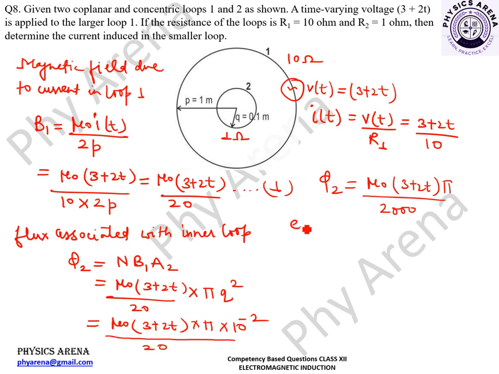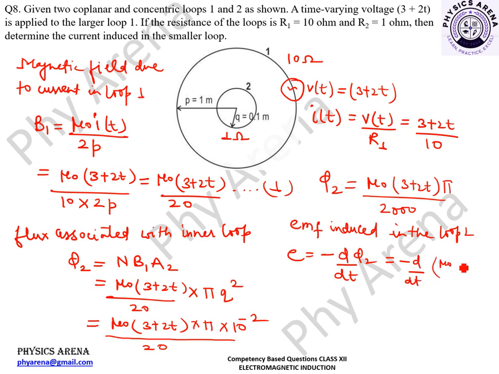Now we have to find the EMF induced in loop 2. So that will be E is equal to minus d upon dt of phi 2. So that will be minus d upon dt of mu naught into 3 plus 2t multiplied by pi divided by 2000.